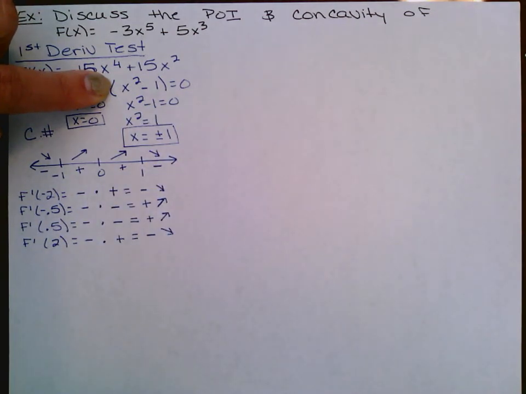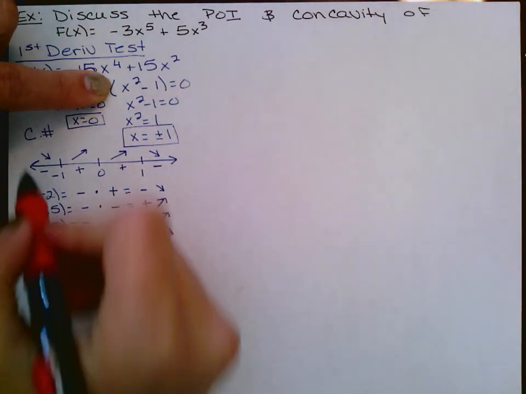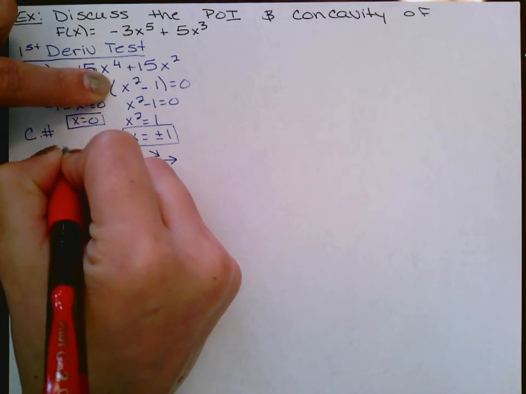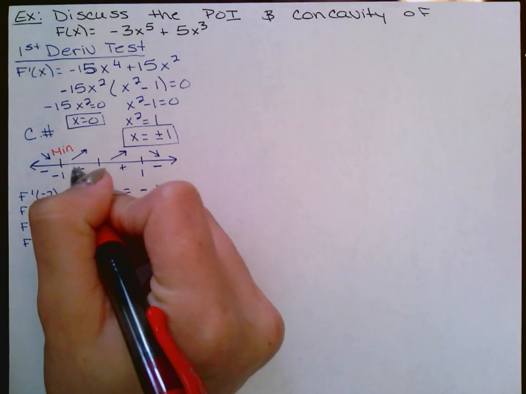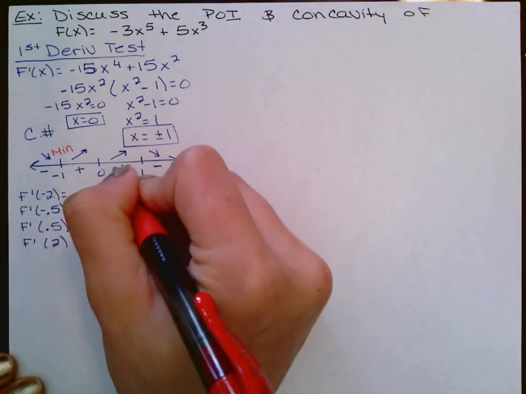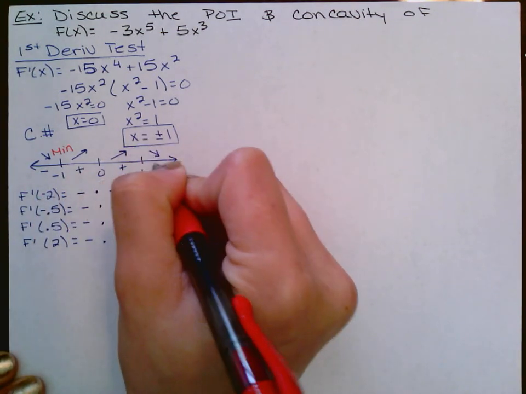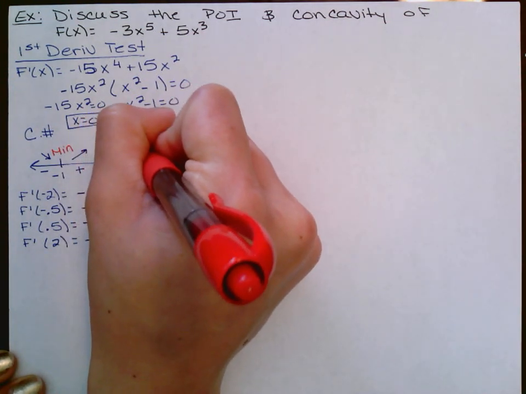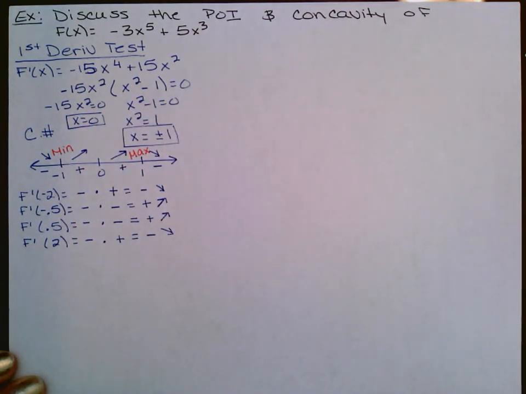Okay. So we can clearly see here that I was going down and I switched to up. So I go minimum, decreasing to increasing. I stay increasing, and here I switch to go decreasing, which means I have a max. Okay.